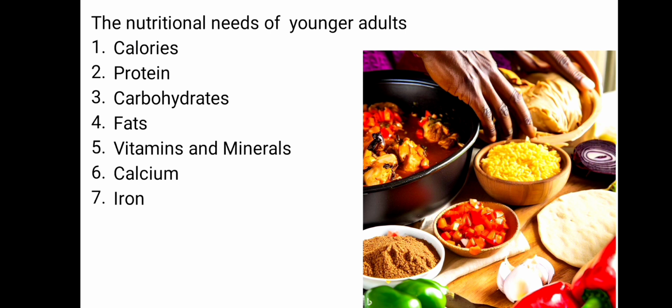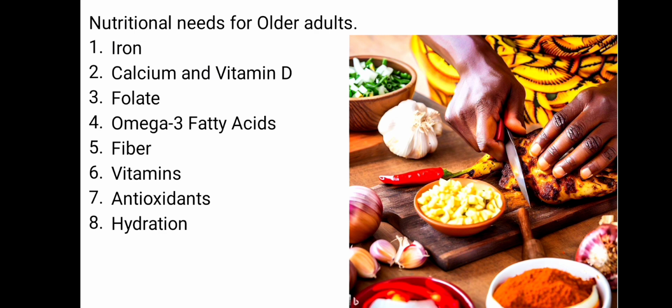Now let's move to nutritional needs for older adults. For older adults, they need iron, they need calcium and vitamin D, very important. They need folate. Folate is essential because it reduces the risk of defects in our children. We are the older adults who give birth to children.